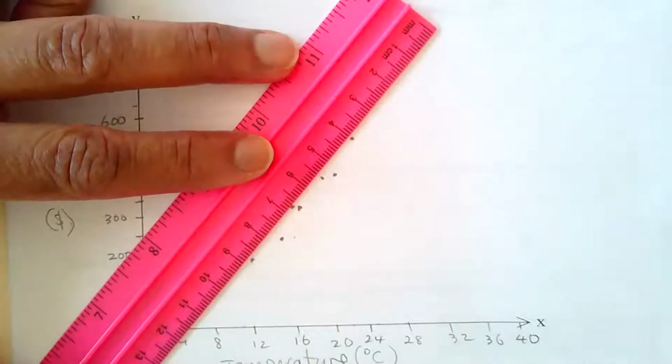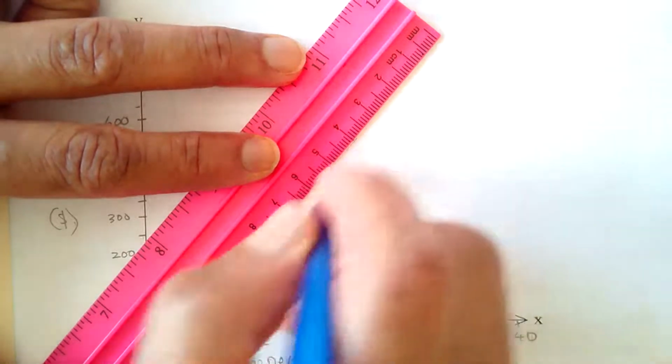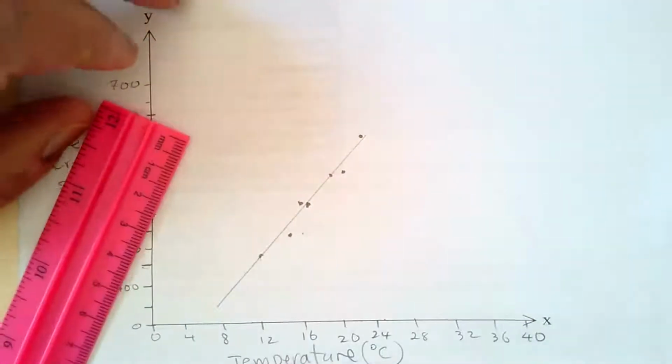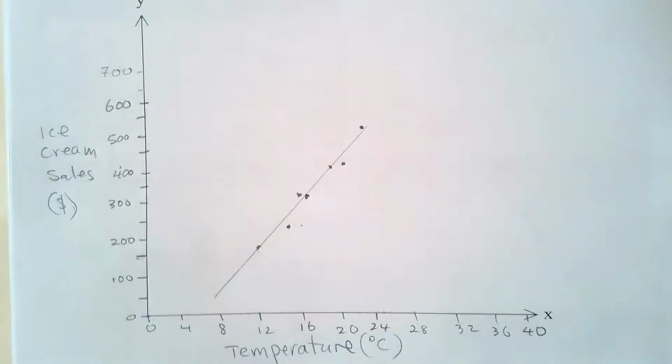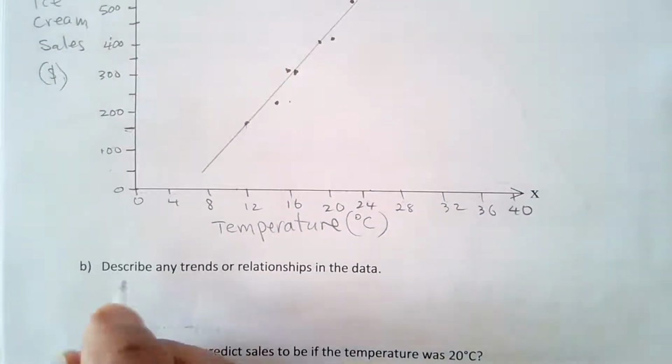Now I can construct a line of best fit. As you can see, there's a positive correlation. To describe any trends or relationship, we can say it is a positive correlation.